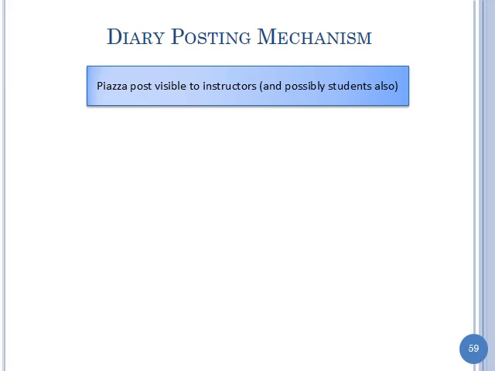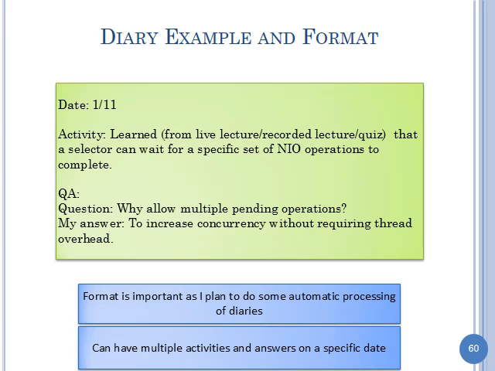I've tried this in multiple ways. I tried Sakai postings. They didn't work very well. What's worked well is to have a running Piazza post that you edit after each lecture. So there's only one post, and you don't have to submit multiple things. Here's an example.